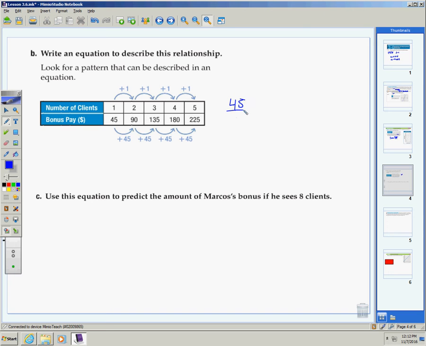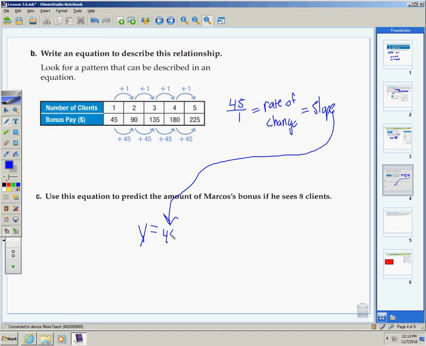So now, to get my equation, this is just like direct variation, but now it's even easier because I've just found my rate of change because I did the change in y over the change in x. But I also know that's the same thing as slope, because we know rate of change and slope are the same thing. But then I remember that slope is always the number in front of x. So now I've just got my equation, y equals 45x.